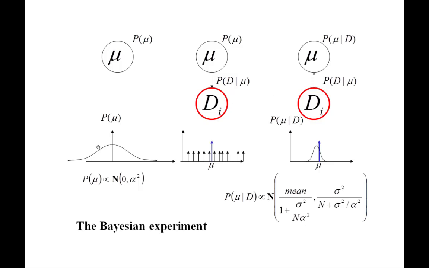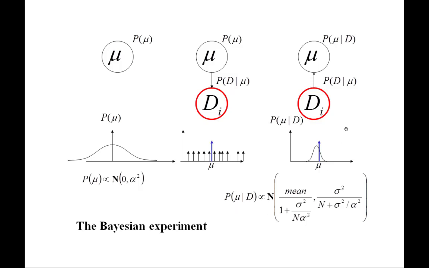And if you look at P(mu) before and P(mu) after the data, then it's narrower, it's more peaked, and it's centered not around zero, but maybe close to the true value of mu. If you get more data, this will get narrower, and hopefully the maximum will become closer to the true parameter. And we see this also in this posterior distribution.